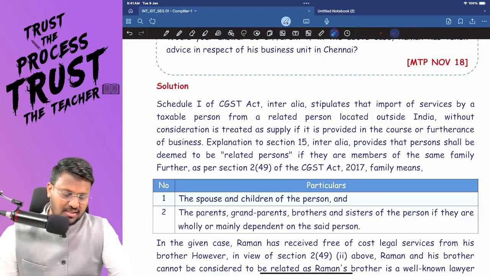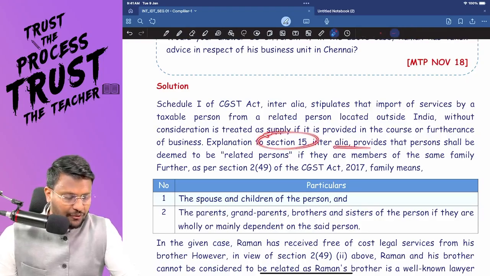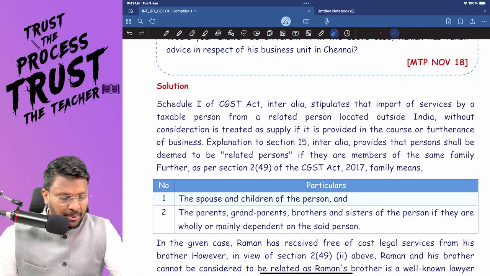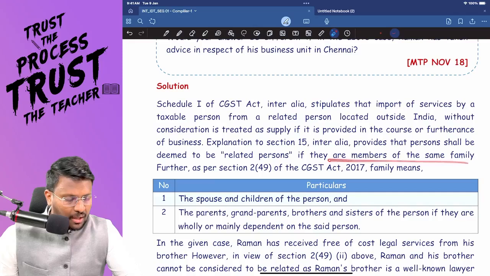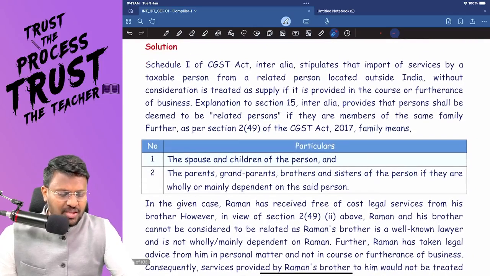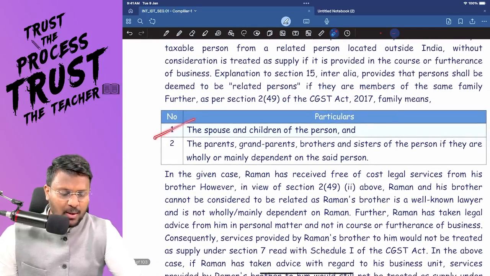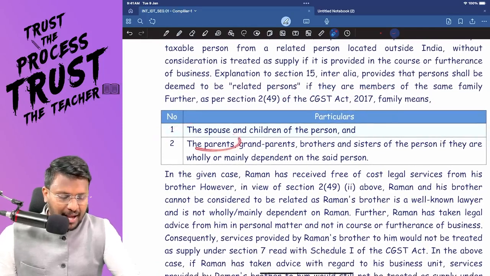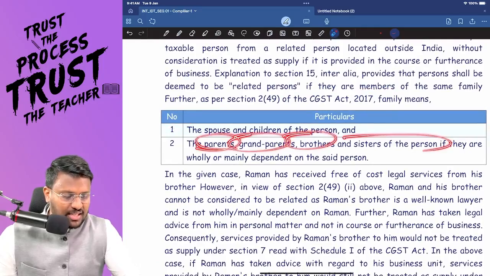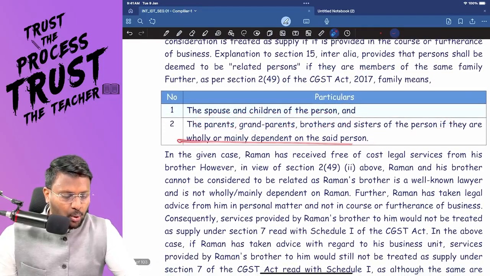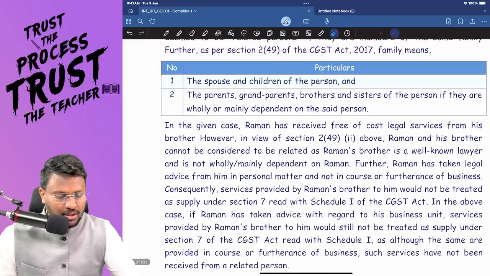Furtherance of business. Explanation to section 15 inter alia provides that persons shall be deemed to be what persons? If they are the members of the what family? Further, as per section 2 subsection 49 of the CGST Act, family means the spouse and what of the person? The parents, grandparents, brothers and sisters of the person, if they are wholly or mainly dependent on the person.